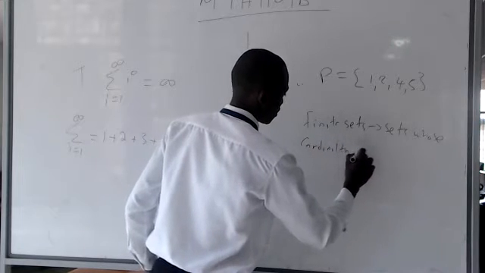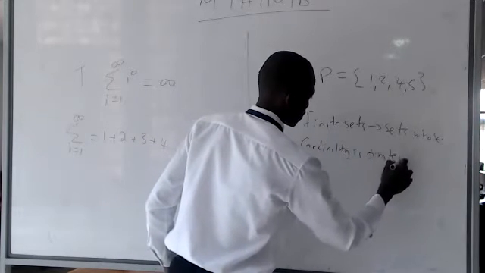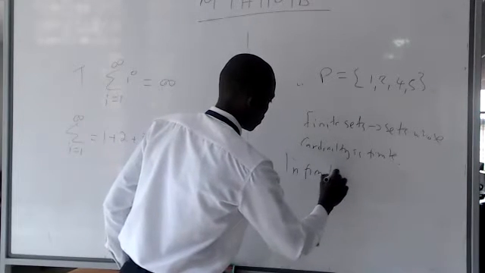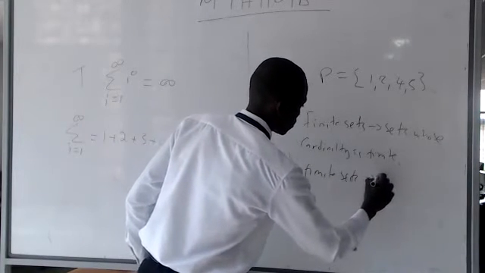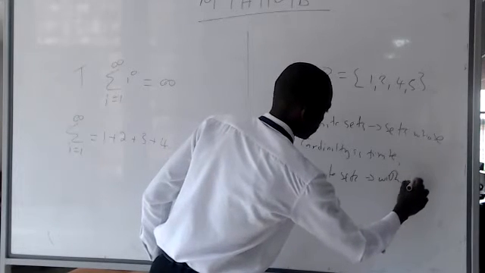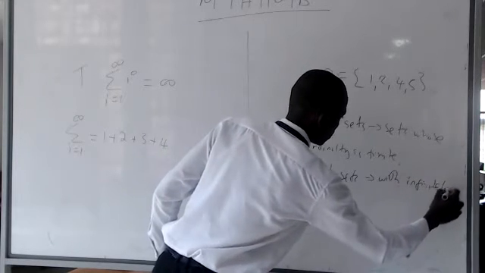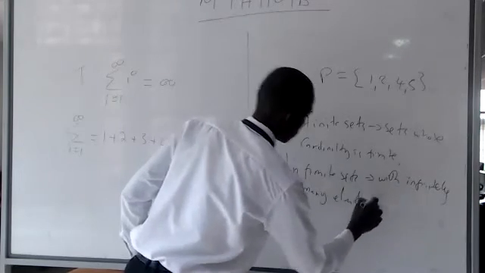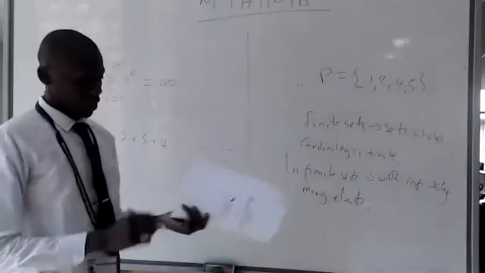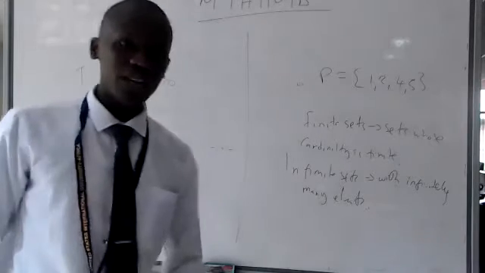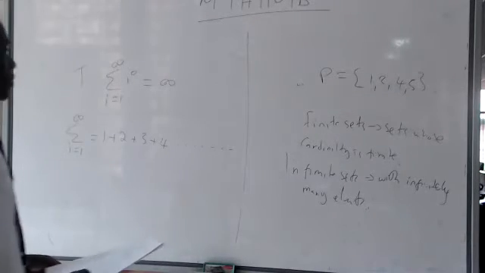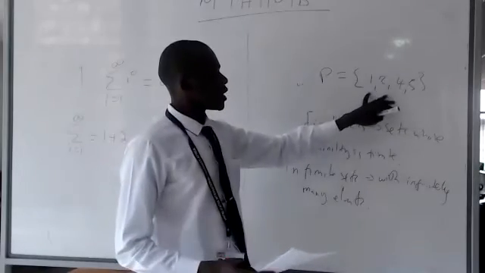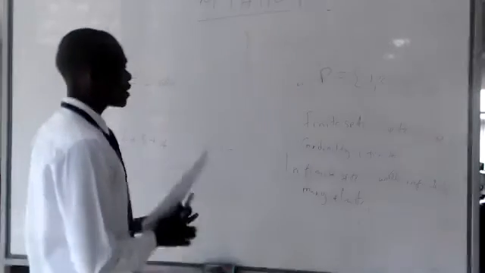And then infinite sets are those with infinitely many elements. So looking at this set, is it a finite set or an infinite set? Finite, because the cardinality is a finite number. That's 4 elements. So that's a finite set.